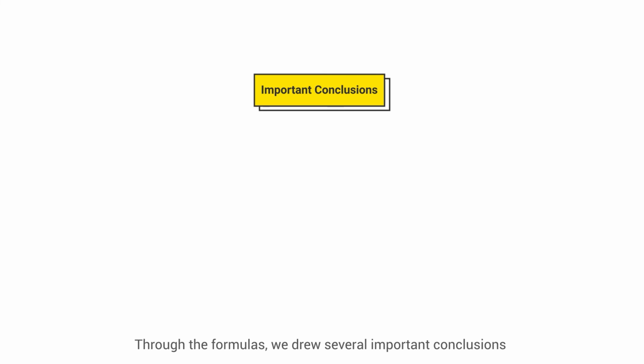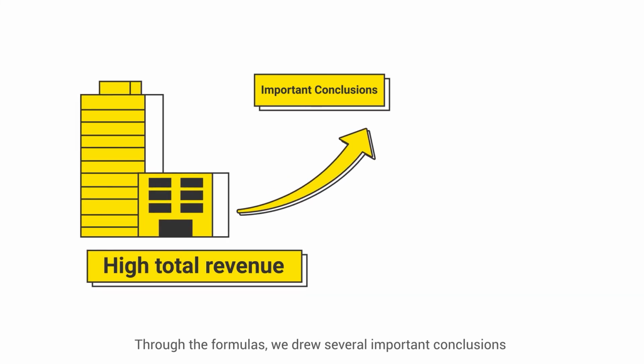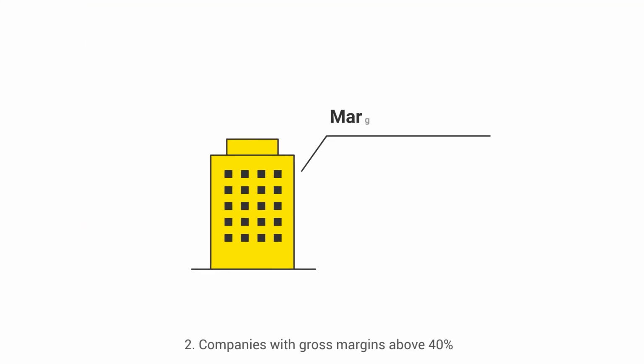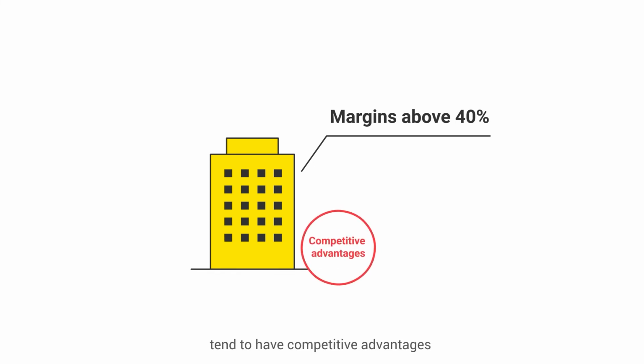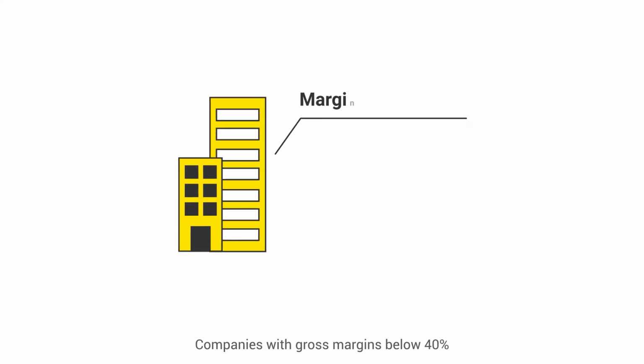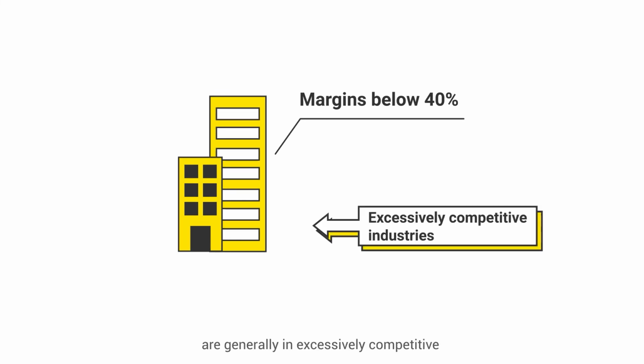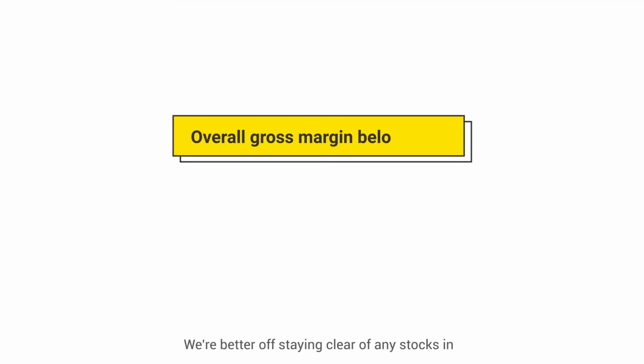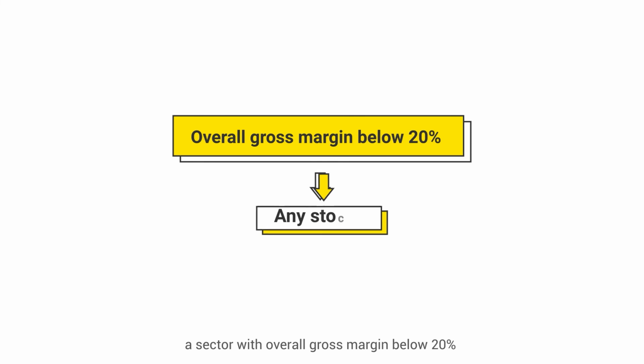Through the formulas, we drew several important conclusions. 1. High total revenue alone is not necessarily better. 2. Companies with gross margins above 40% tend to have competitive advantages. Companies with gross margins below 40% are generally in excessively competitive industries. As excessive competition decreases industry profitability, we're better off staying clear of any stocks in a sector with overall gross margin below 20%. 3.